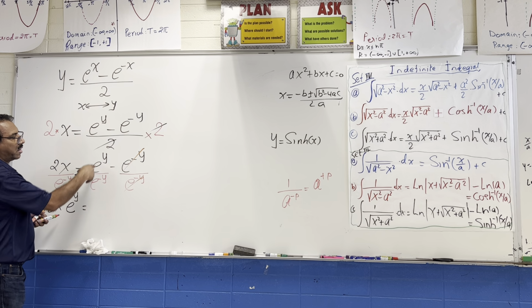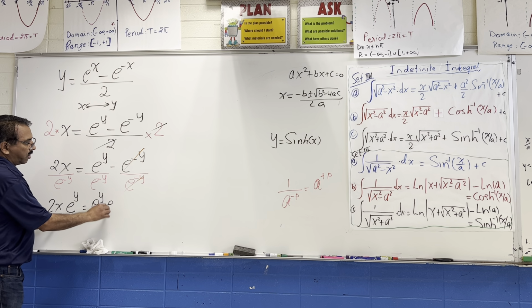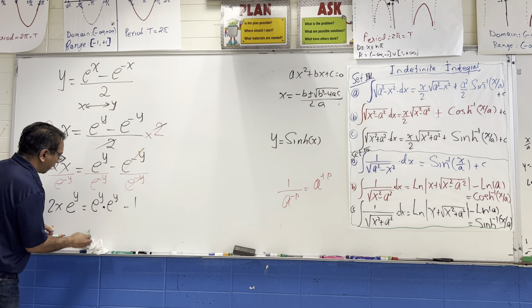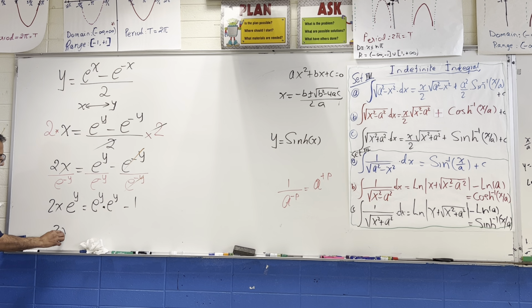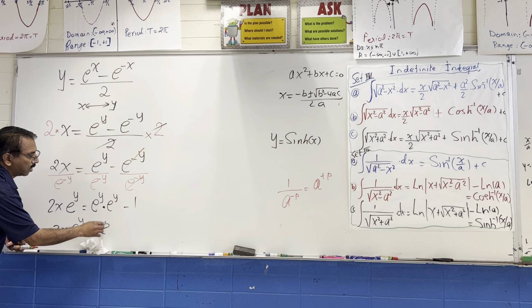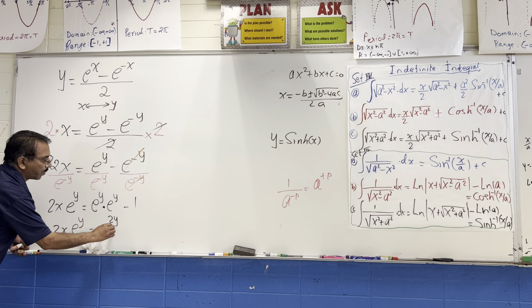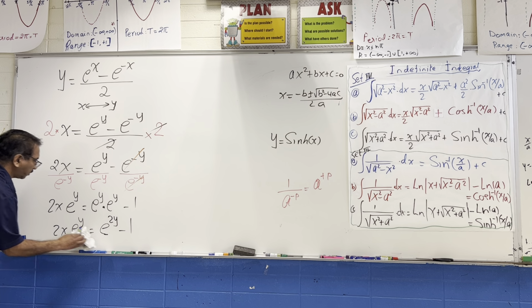But there is already another e raised to y. So e raised to y times e raised to y, and this is minus 1. These two together, instead of e raised to y, it is e raised to 2y. So it is e raised to 2y minus 1.